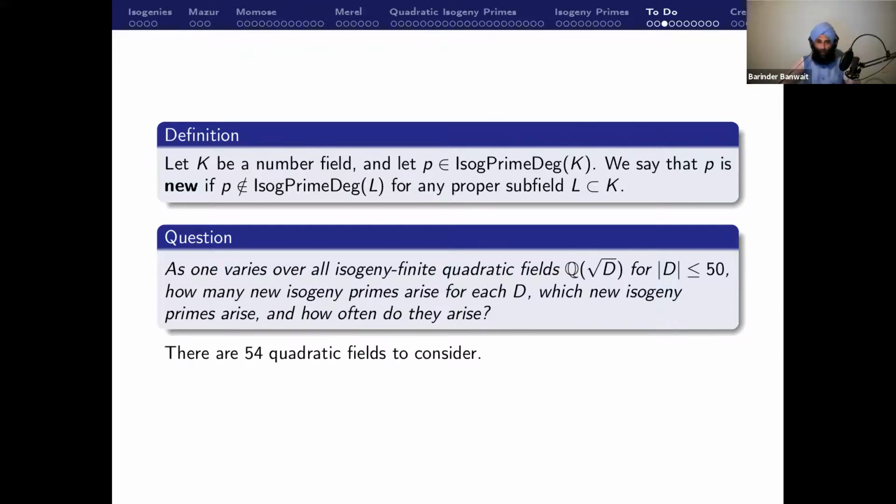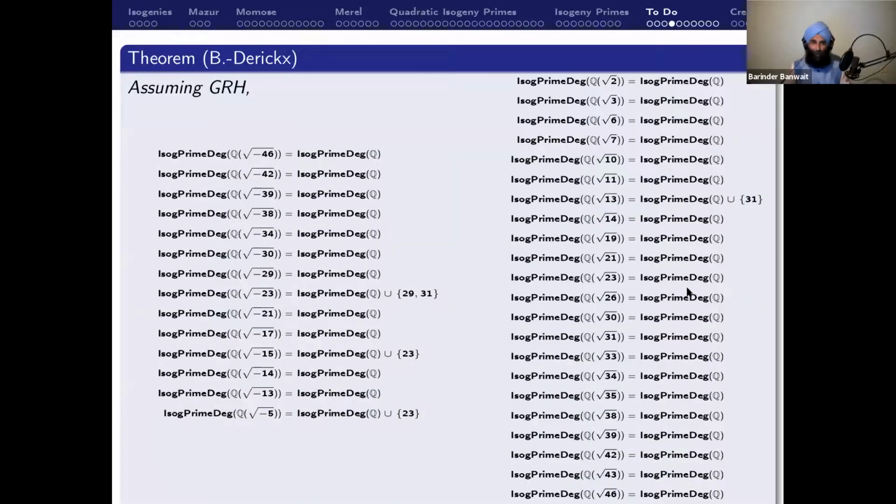There are 54 quadratic fields here. Using this algorithm with Derek's, we were able to decide on 38 of these. So in particular, that means we have lots more examples of the determination of quadratic isogeny primes. On the left here, we have the imaginary quadratics, and on the right, the real quadratics. This is already painting a picture that these new isogeny primes are pretty rare.